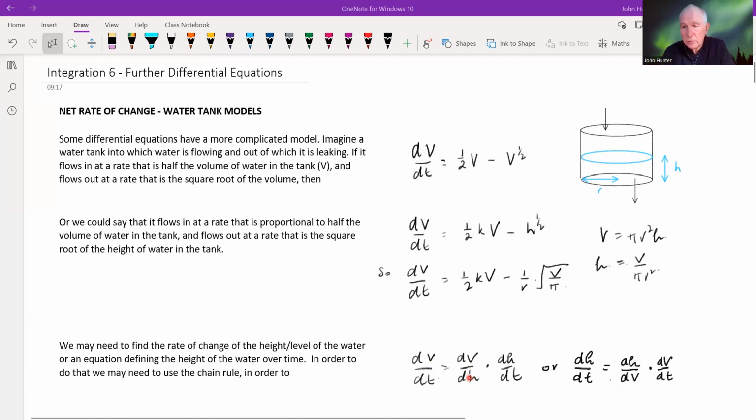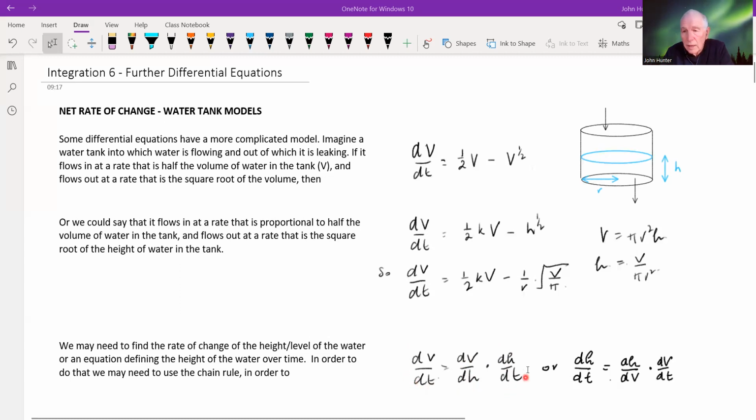In other models, we might have a curved, conical kind of shape, so that might be a non-linear function. Times the rate of change of height with respect to time. We'll see the implementation of this sort of thing in the example in a moment.